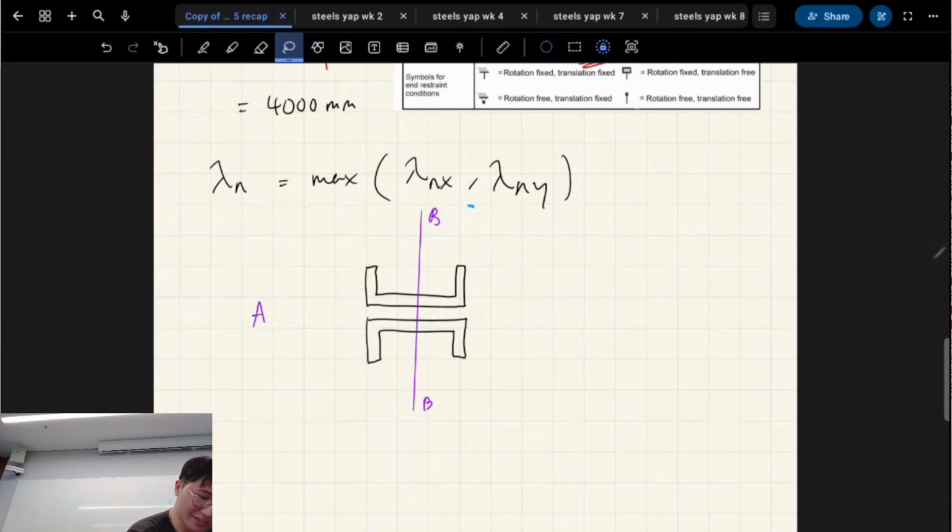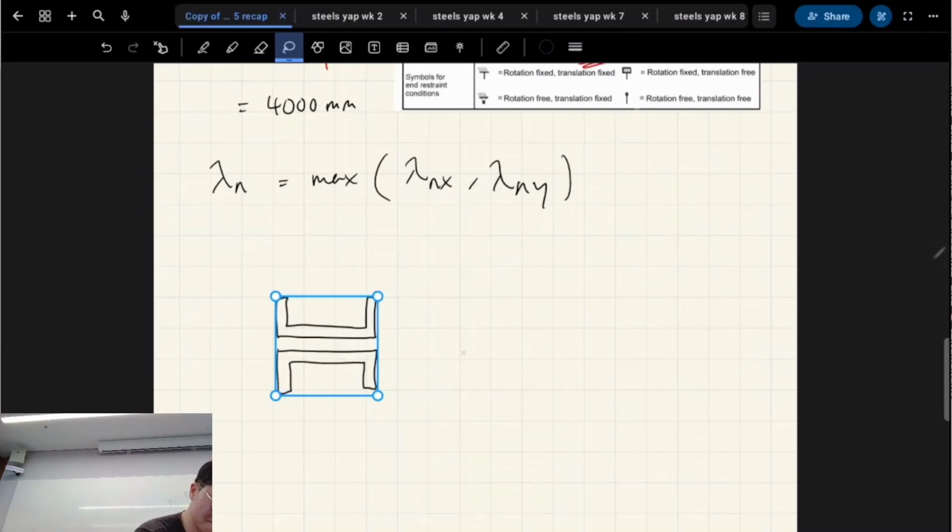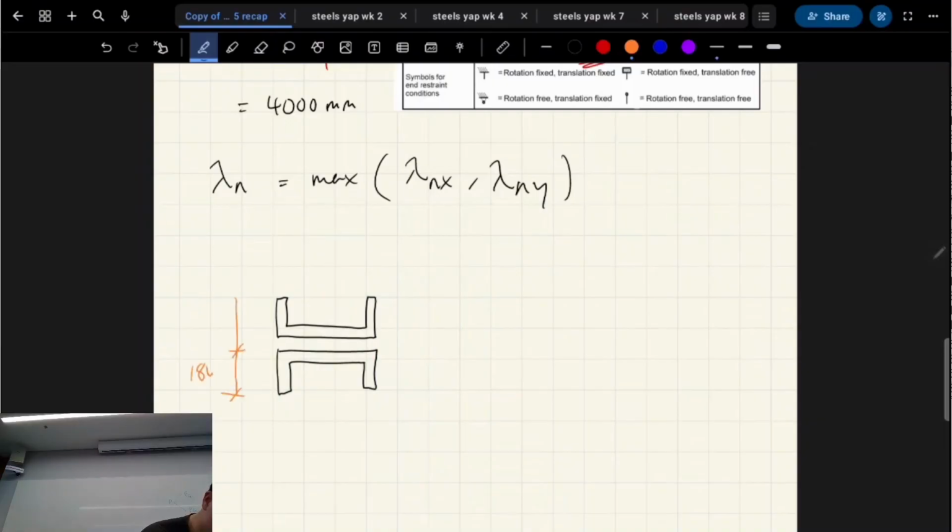I probably didn't draw it the best in terms of the dimensions, so let me draw the dimensions out for you. It's 180. This is 180. This is 10. That's better. This was 75.